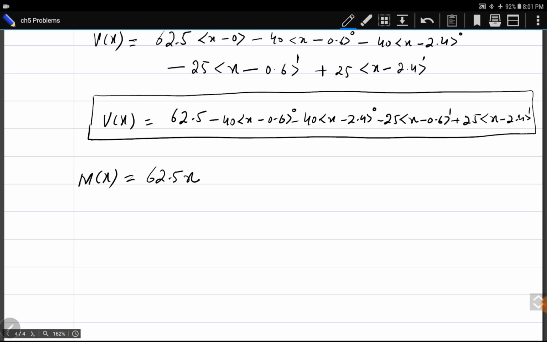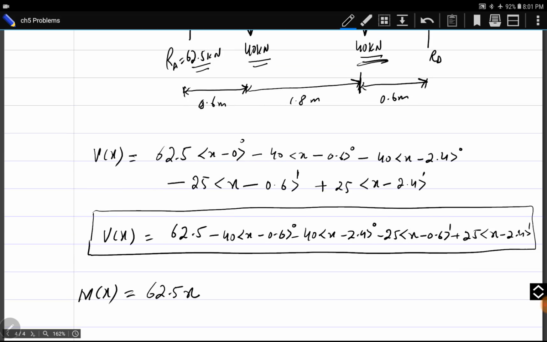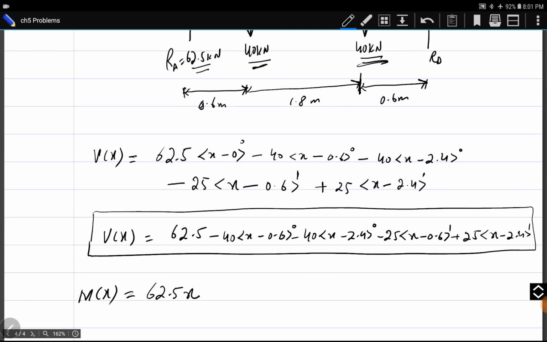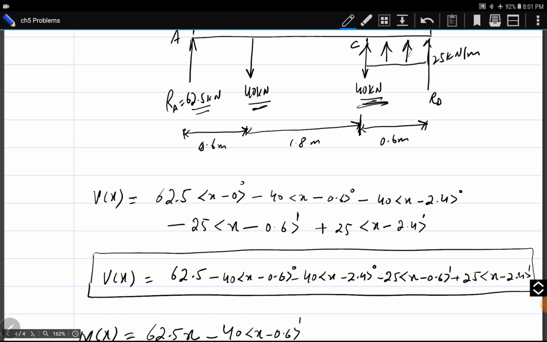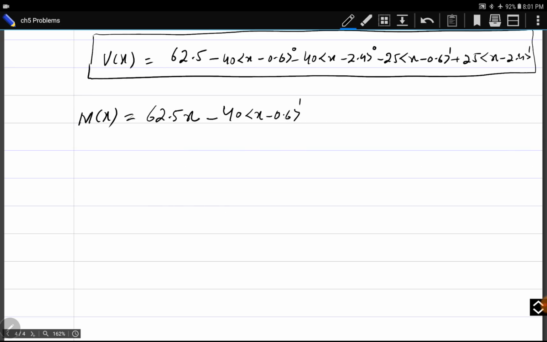So integration and the table values are same. Okay. Then this downward force of 40 kilonewton, so minus 40 into x minus 0.6 power 1, and this one has a distance of 2.4 from the left end. It is minus 40 into x minus 2.4 power 1.